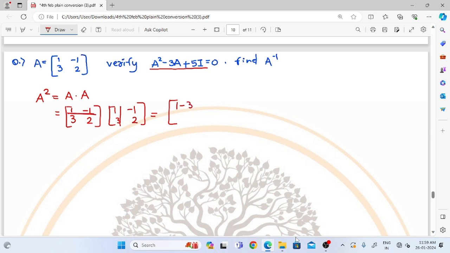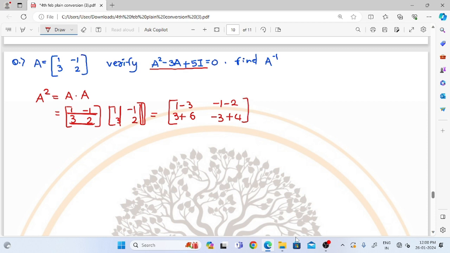First row, second column: 1 into minus 1 is minus 1, then minus 1 into 2 is minus 2. Then second row, first column: 3 into 1 is 3, 2 into 3 is plus 6. Then second row, second column: 3 into minus 1 is minus 3, 2 into 2 is plus 4.